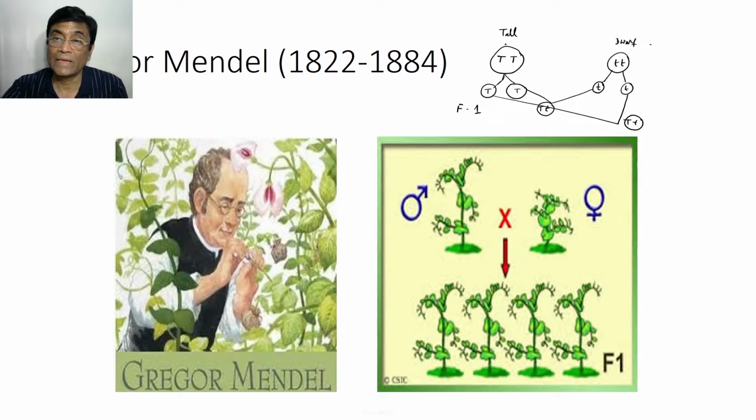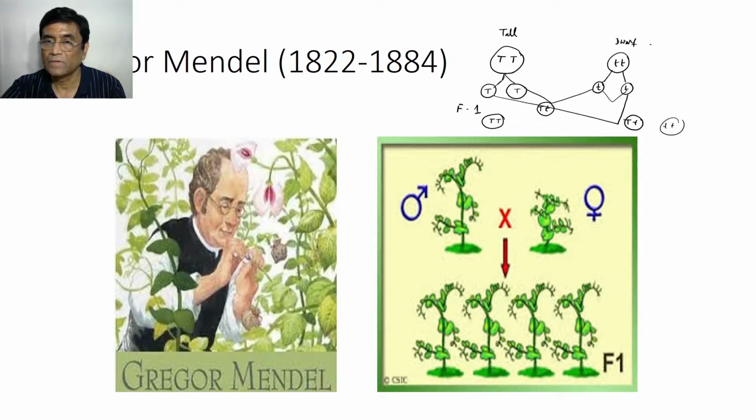And of course, being a pea, self cross-pollination takes place. So in the first generation, you will get pure tall, heterogeneous tall, and maybe pure dwarf.